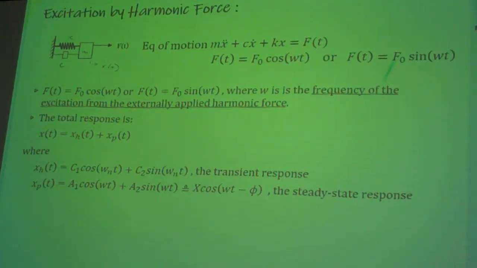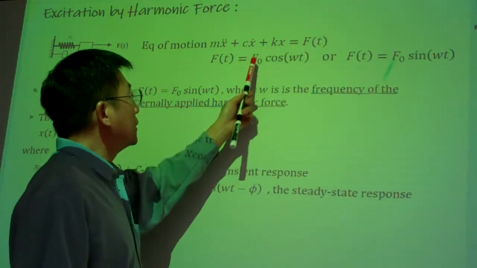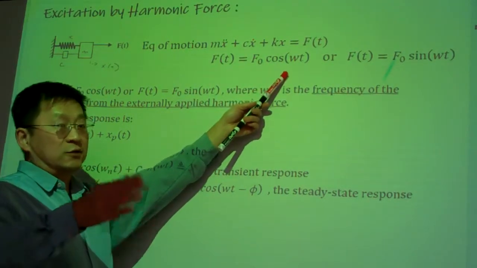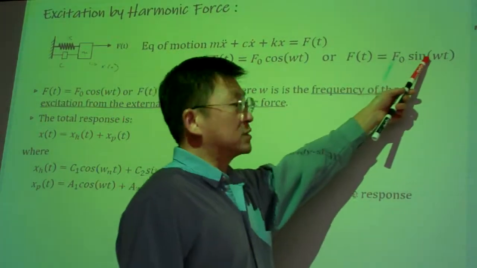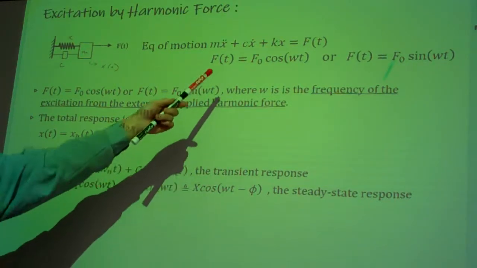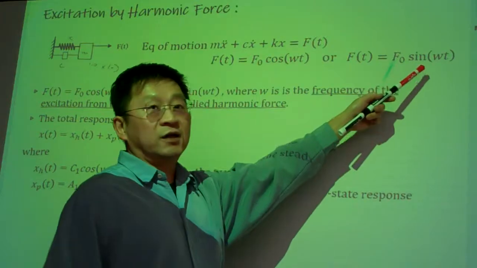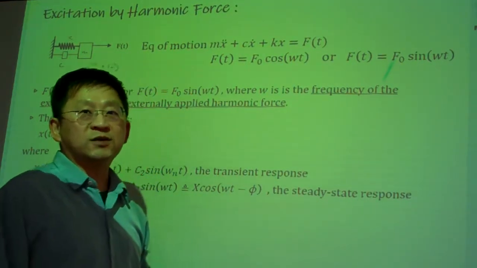Then we still consider harmonic excitations. That means the force will have a magnitude with sinusoidal oscillations, either in cosine or in sine. In our textbook, we demonstrated using cosine, because using sine is simply 90 degrees ahead or behind, which really doesn't matter.